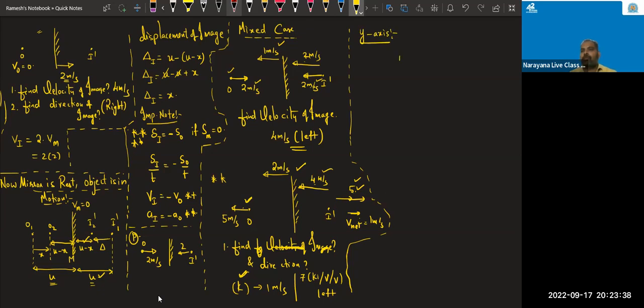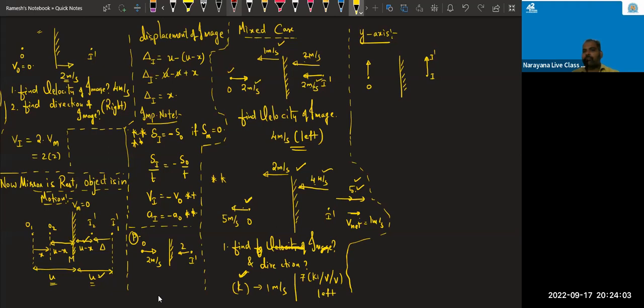This is a plane mirror. Vishwanath, focus. Okay. If the object is here and now it is going upside, I mean along the y-axis, the image also will go along the y-axis. So here shall I write one statement?